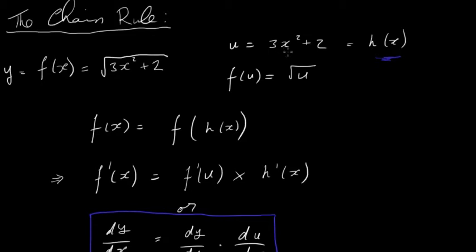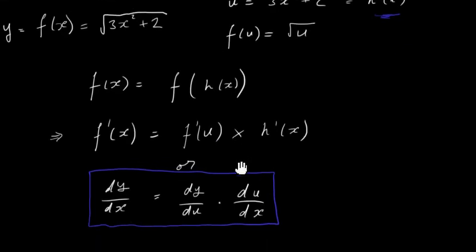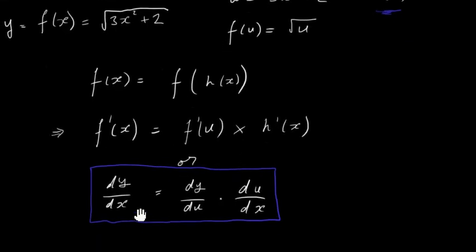So you get 6x plus 0, if you like, or just 6x, and then differentiating the square root part here, just in terms of u, multiplying the two answers, and you get your differential of this function. So what it breaks down to is dy/dx is dy/du times du/dx. So this is your basic rule here.